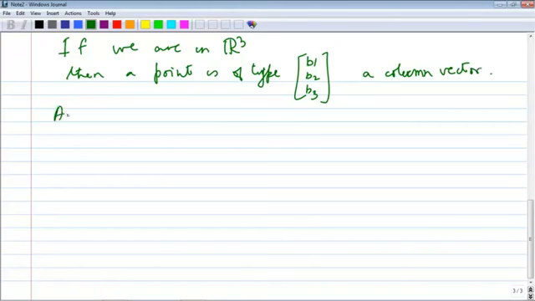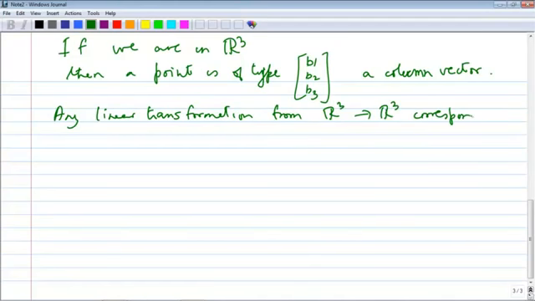And any linear transformation from R3 to R3 corresponds to multiplication by a 3 by 3 matrix.